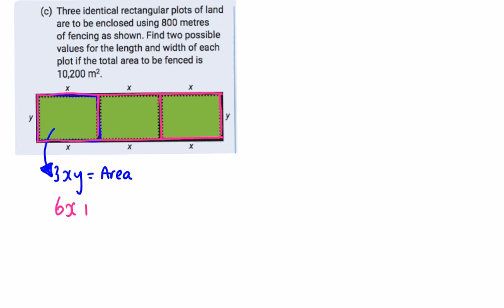So we have 4y. So we have perimeter and area. So the information given are 800 meters of fence, so that's the perimeter. 6x plus 4y equals 800, and the area is 10,200.